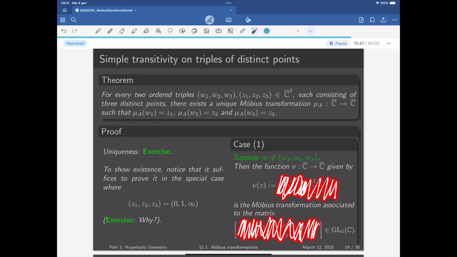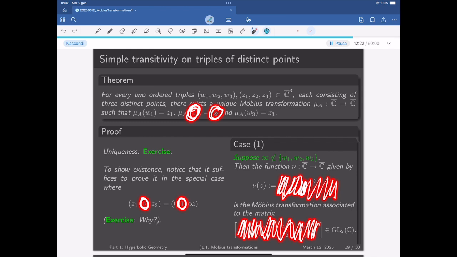Now I want to send, sorry, it's W2. W2 has to go to 1. So I take zeta minus W2. That does the job for W2.